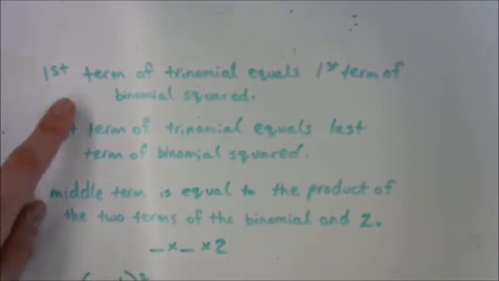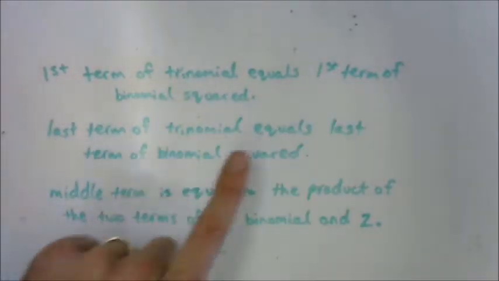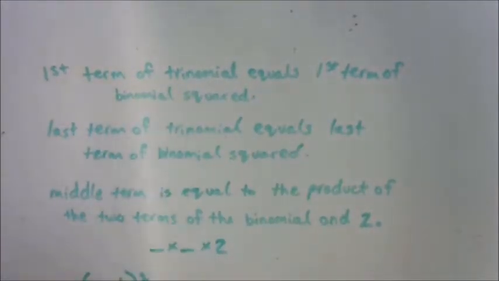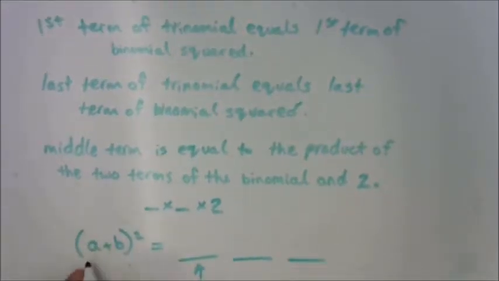The first term of the trinomial is equal to the first term of the binomial squared. That's what it says in the green words.